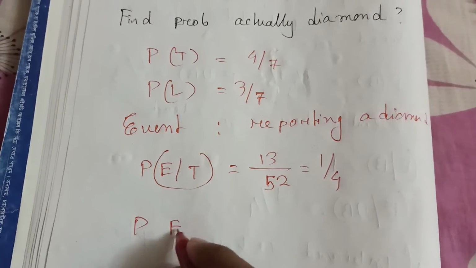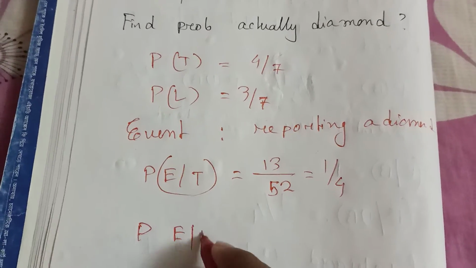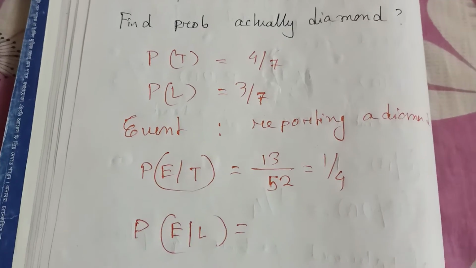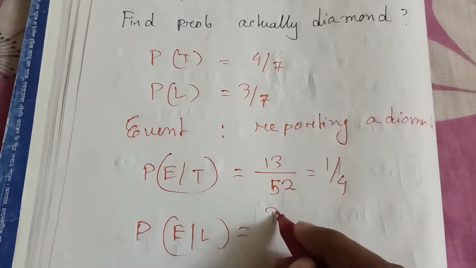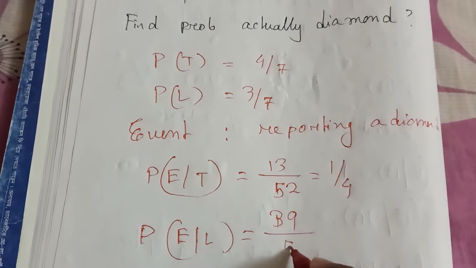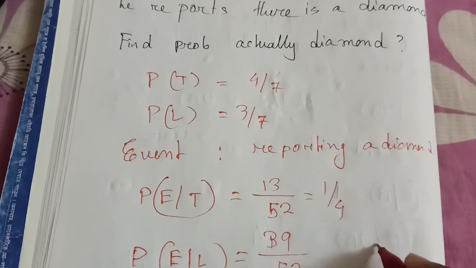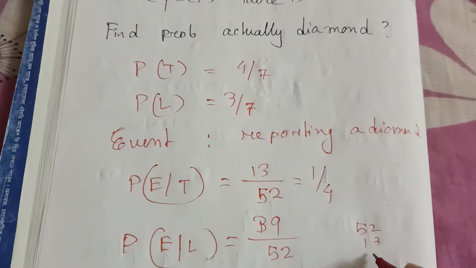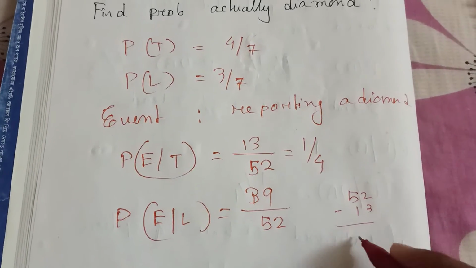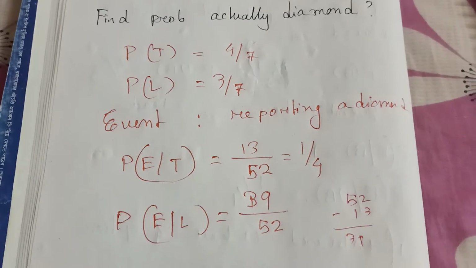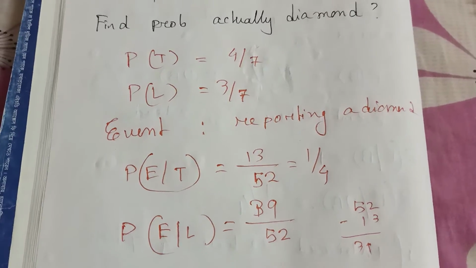And the probability of the event given he tells a lie is 39 by 52, since 52 minus 13 is 39, which is 3 by 4.